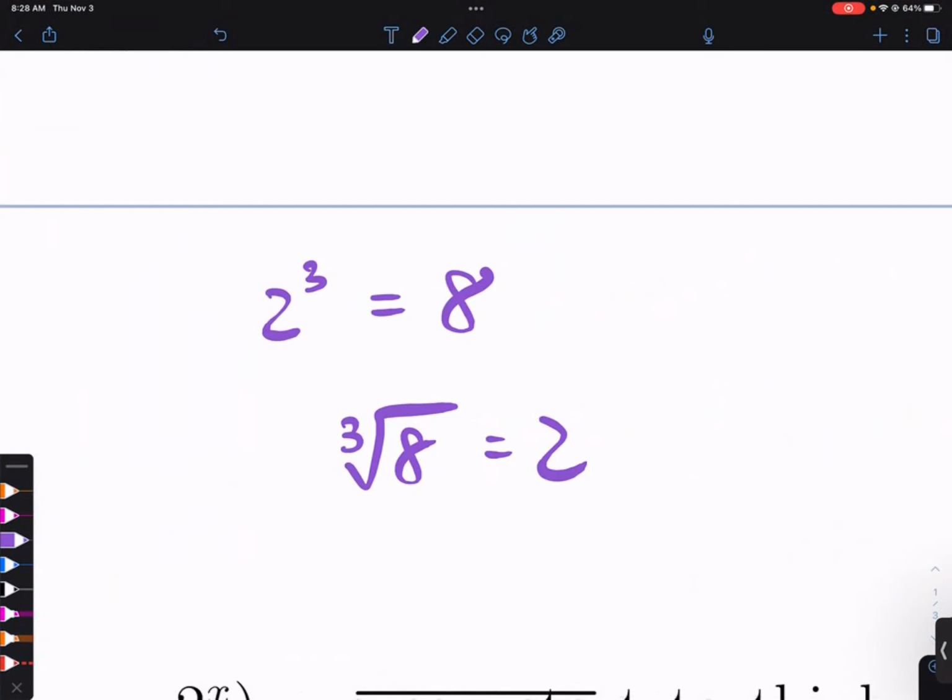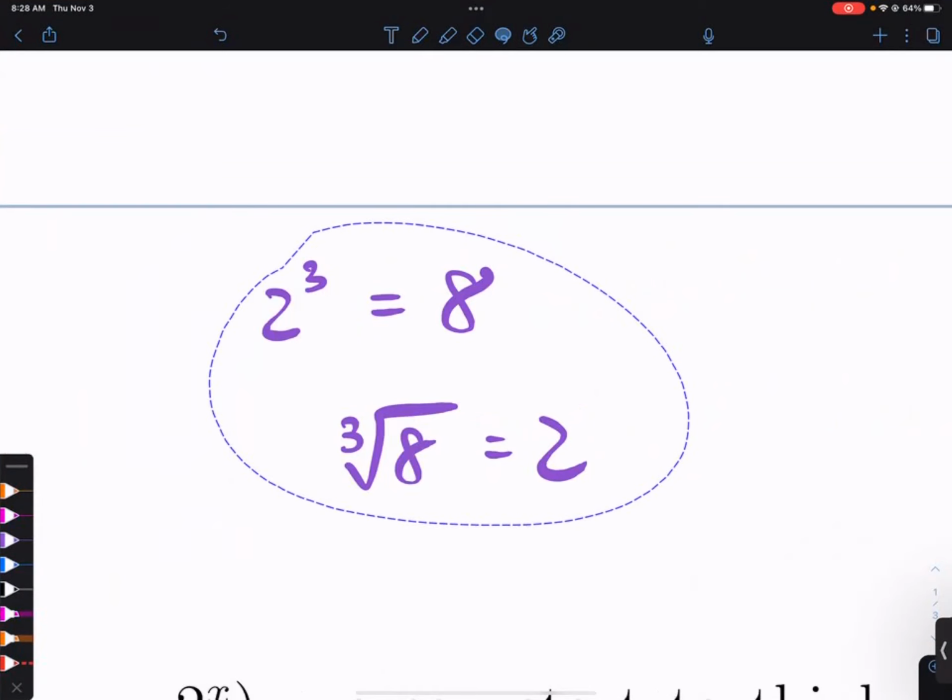This is, in a sense, the same information, just backwards, right? Just in reverse order. So it's the same kind of thing with exponentials and logarithms.